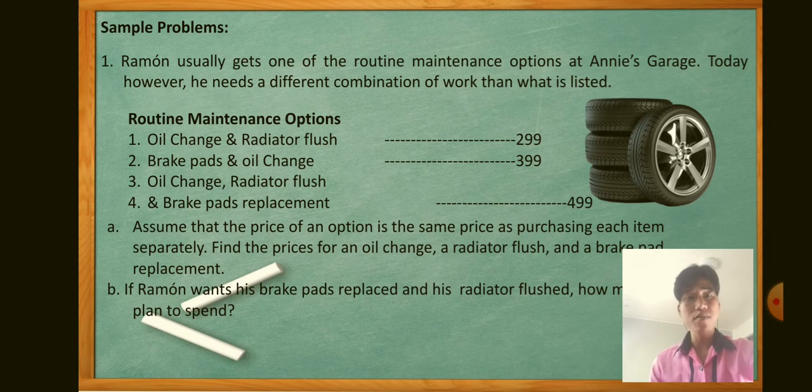Assume that the price of an option is the same as the price of purchasing each item separately. Find the prices for an oil change, a radiator flush, and brake pad replacement. Another, if Ramon wants his brake pads replaced and his radiator flushed, how much would he spend?